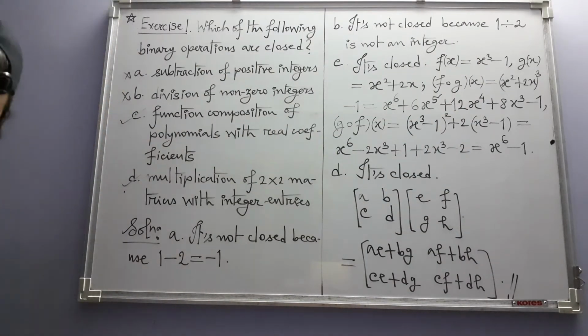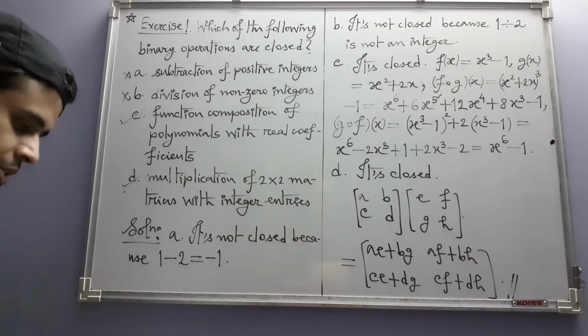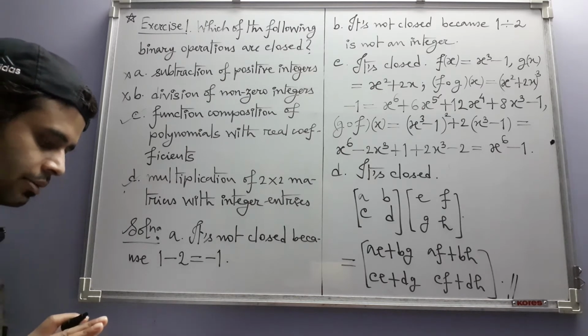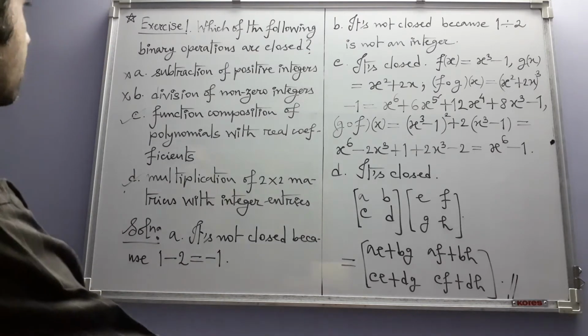The second one I think is also like this. Which of the following binary operations are associative? Now they are not talking about the closure property but associativity.